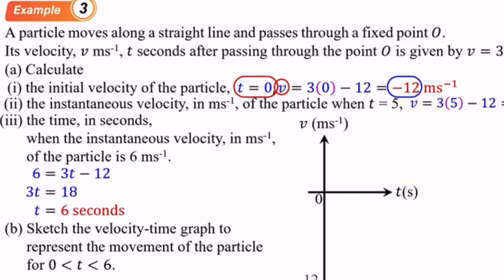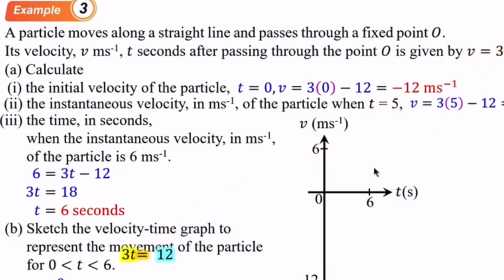When t equals 5, we get 3. So we can plot a straight line to show the graph of velocity with respect to time, right? Sometimes the graph is linear, sometimes quadratic, and it can be cubic also.